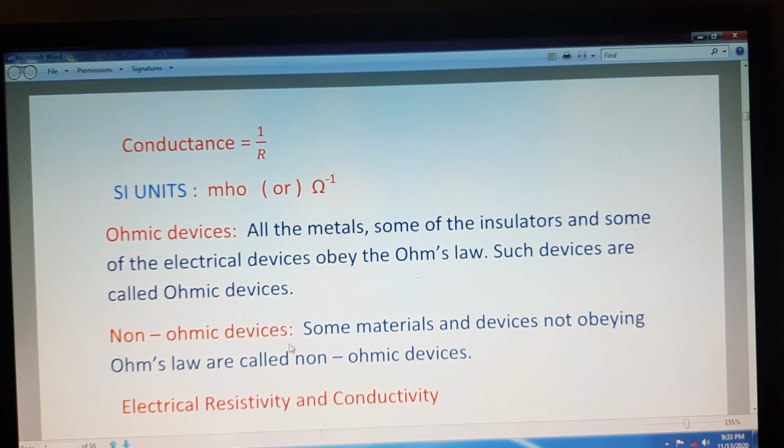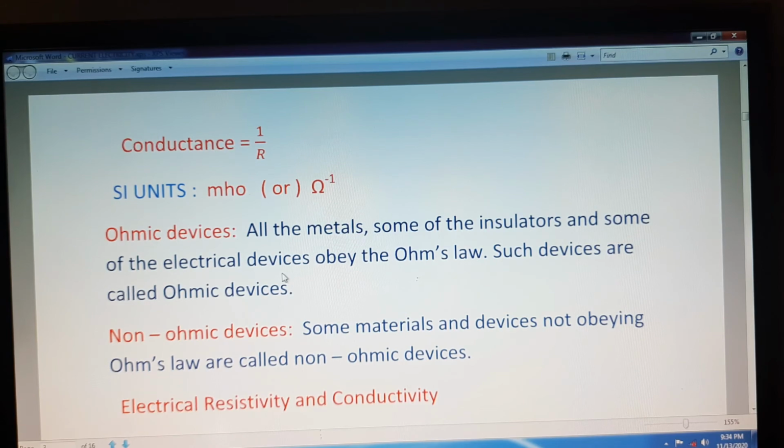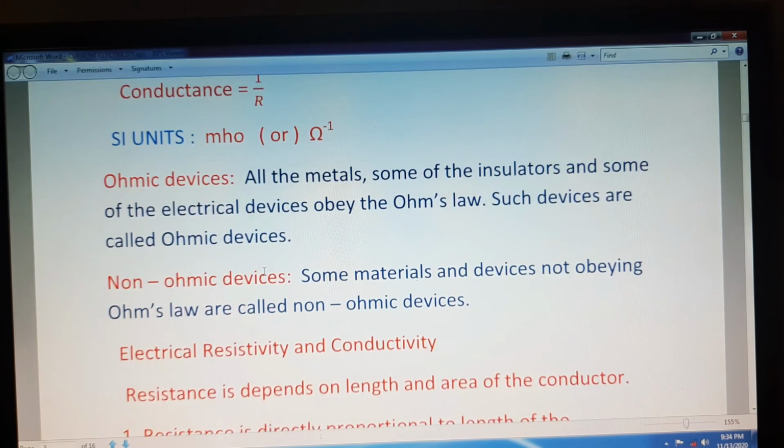Some materials and devices do not obey Ohm's law. That type of devices are called non-ohmic devices.